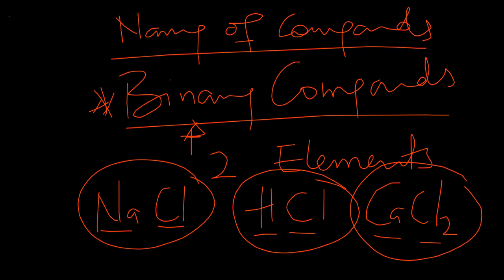Sorry. So we know what simple binary compounds are. They are simply compounds that are made up of two elements. With this, we can start naming a few simple binary compounds. Let's start with, let's say, sodium and chlorine joined together to form a compound.